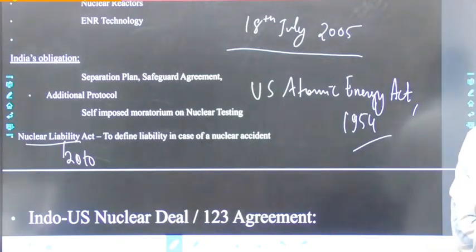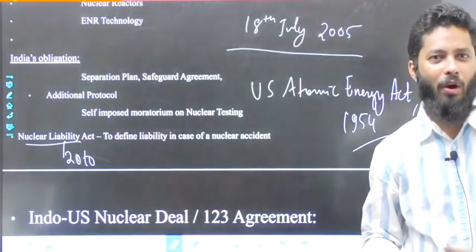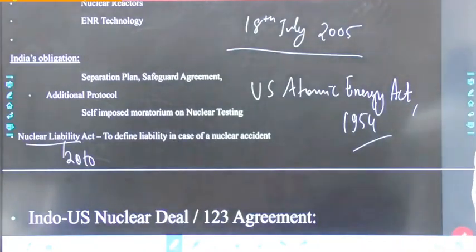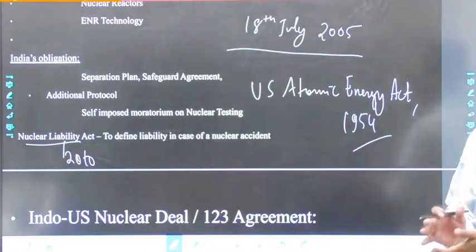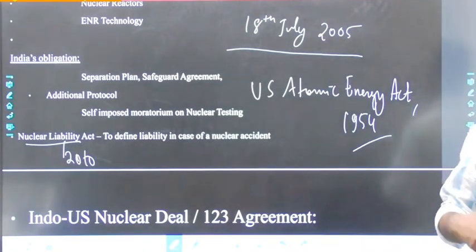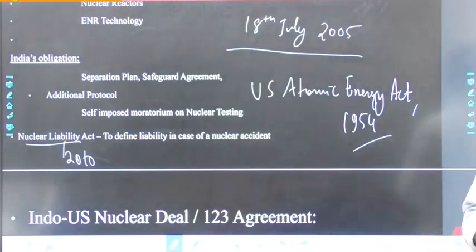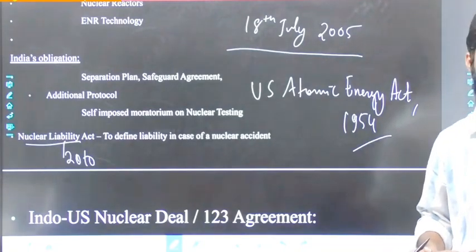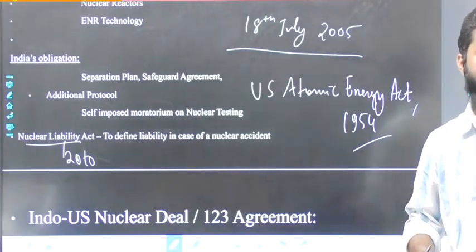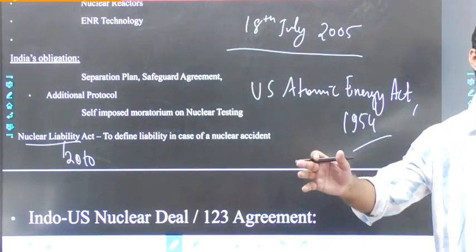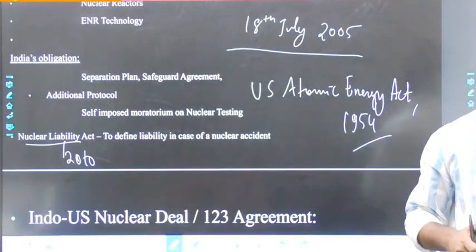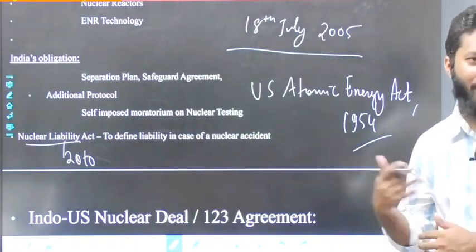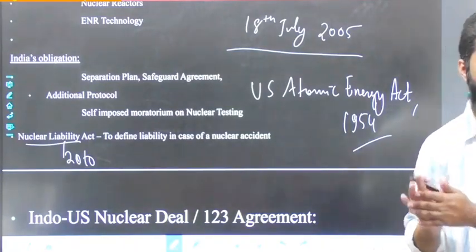So on whom will you fix the liability, whether the Government of India will be liable, or the operators will be liable, or the supplier of nuclear reactors will be liable? So the US wanted that we exempt suppliers from nuclear liability. So in case of any accident, the supplier cannot be sued. You cannot ask compensation from the supplier. This was the idea of the US.